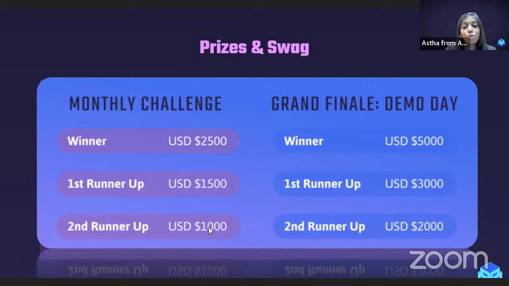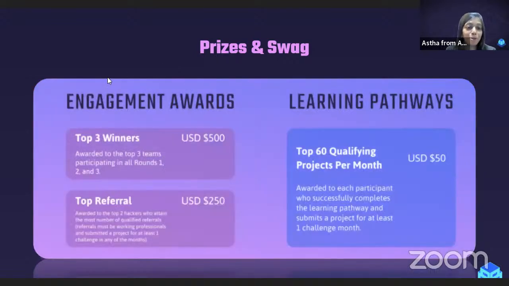This is happening for all 3 challenge months, and these prizes are separate. Then the top 3 winners of all the challenge months meet in the finale, which is in the form of demo day. There the winners get 5,000 USD as a team. The first runners up gets 3,000 USD, and the second runners up gets 2,000 USD.